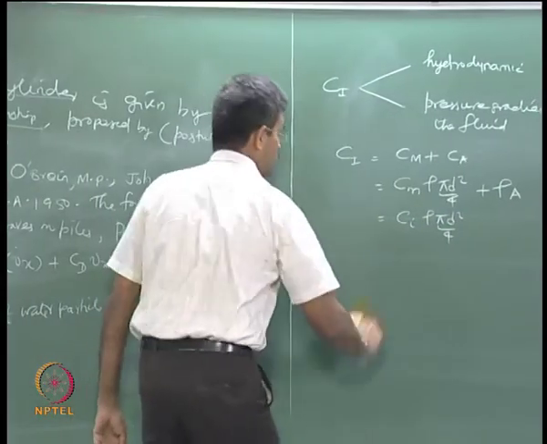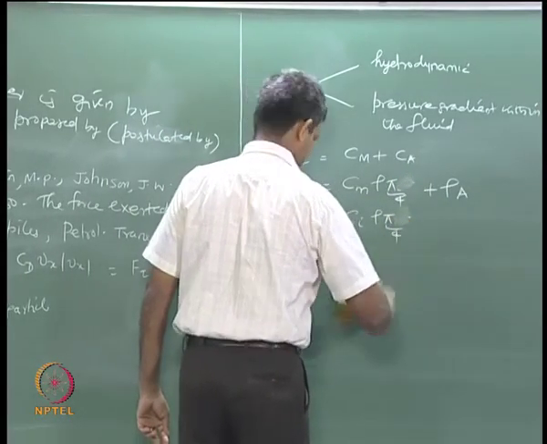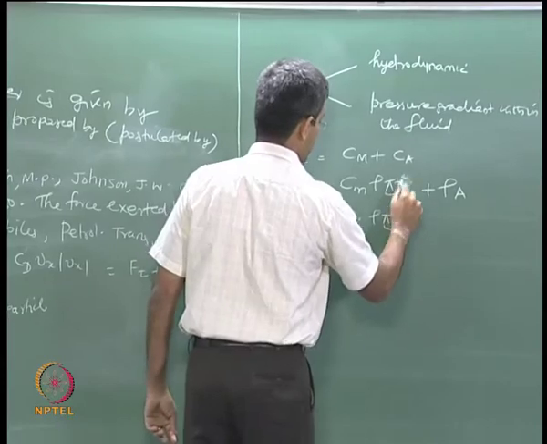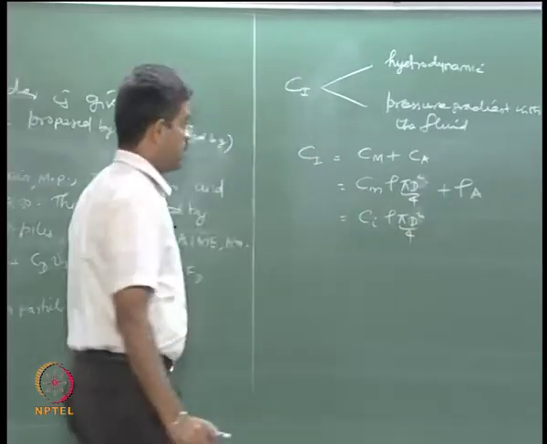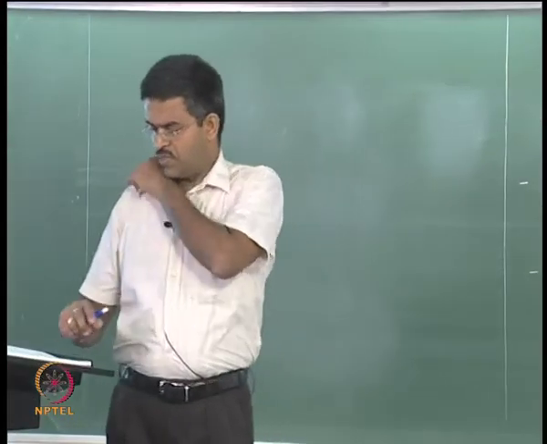Okay, let us use capital D here, where D is the outer diameter of the member and Ci is the inertia coefficient of the section.